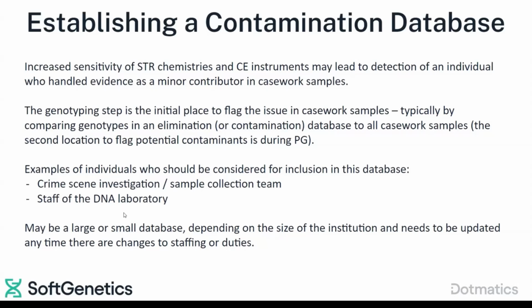So examples of individuals who should be considered for inclusion in the database: crime scene investigators, the sample collection team, the staff of the DNA laboratory. I was in a lab in Eastern Europe. Their elimination database included anyone who came in the building. This database may be large or small depending on the size of the institution, and it needs to be updated anytime there's a change to staffing or duties of the staff.